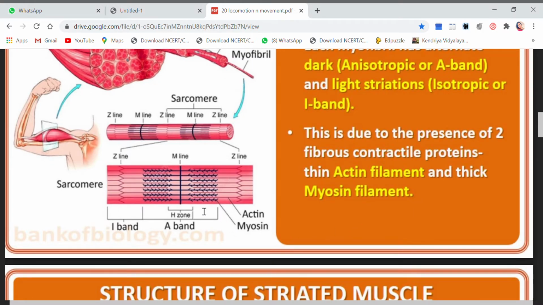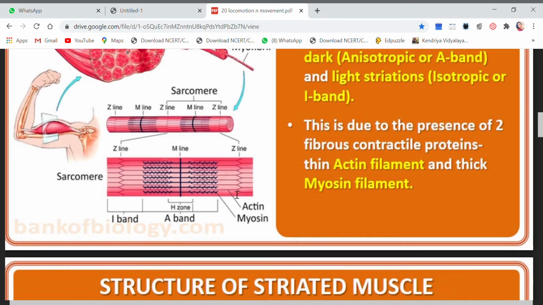You can see here this blue line, from here it starts and it moves till here. This is the myosin filament and it is much broader. But the pink lines here are the actin filaments. So these are the thick ones and these are the thin ones.